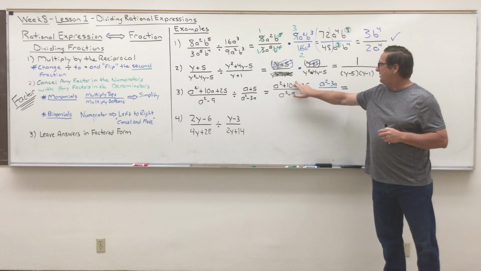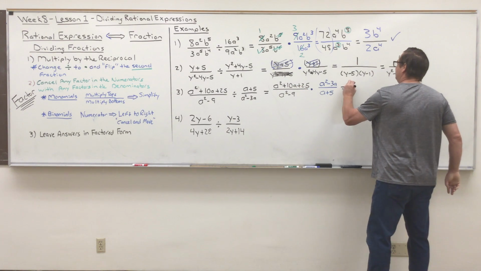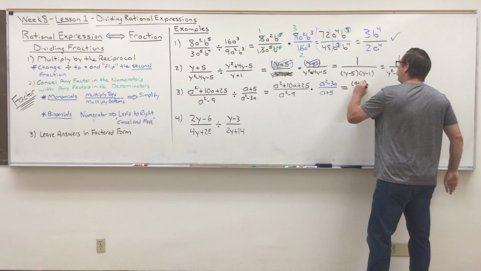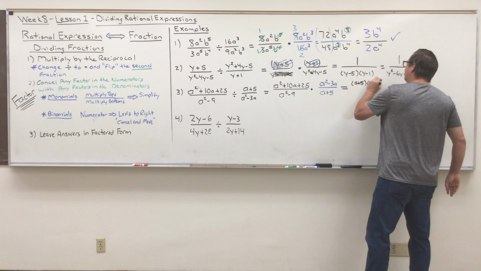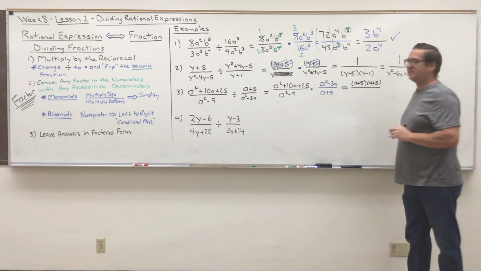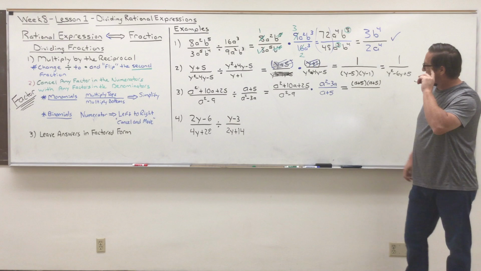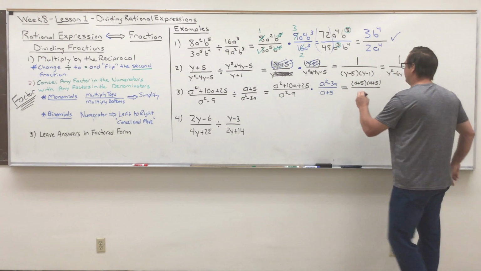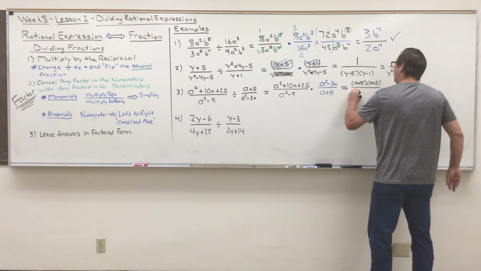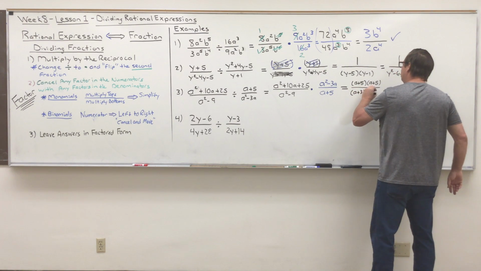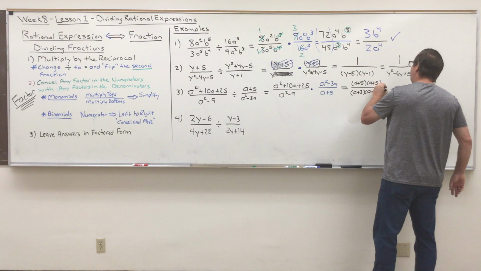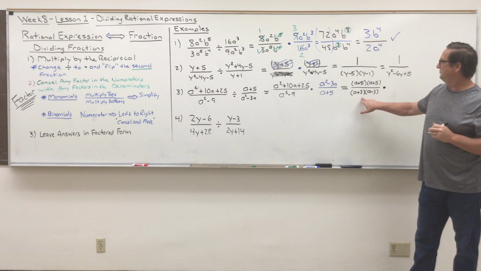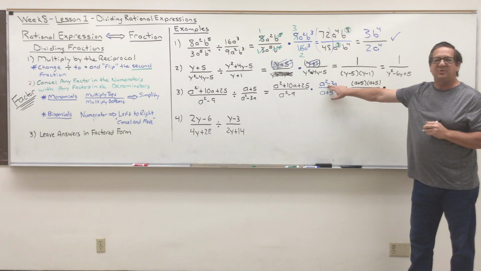So here's the top part, and this is going to be a plus 5 times a plus 5. No GCF. Looks like the difference of squares. A plus 3, a minus 3. A squared minus 3a.